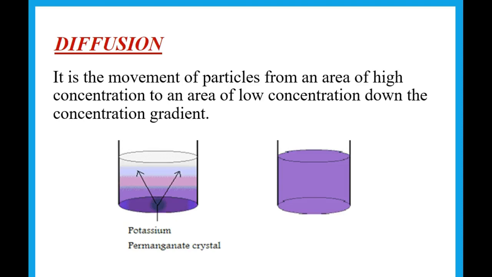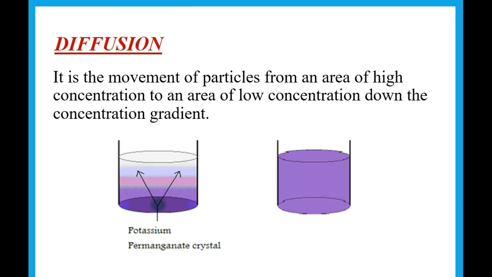That means that if I put a particle of potassium permanganate in a beaker of water, the potassium permanganate is something that has a purple color. So the place where the particle is, that is an area of high concentration where we have lots of potassium permanganate particles.